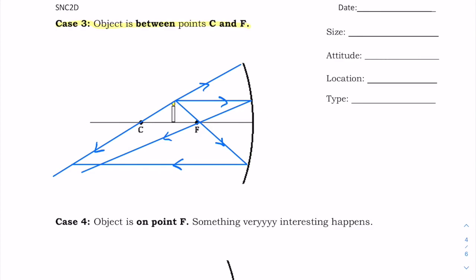And finally, the fourth one is the ray of light that passes through the vertex. That one reflects at the same angle it came in at.